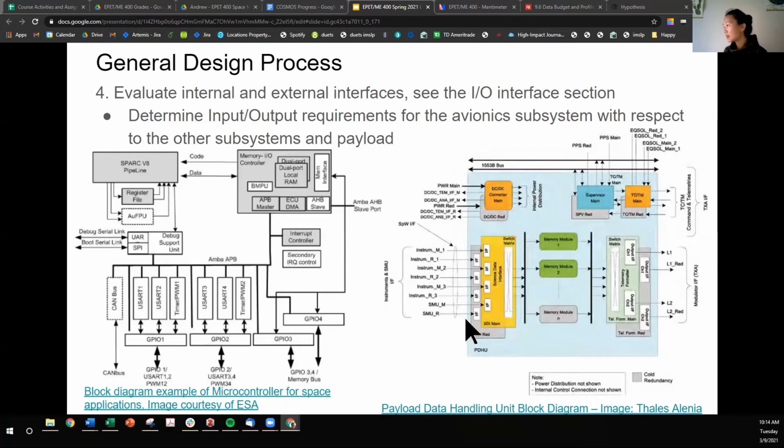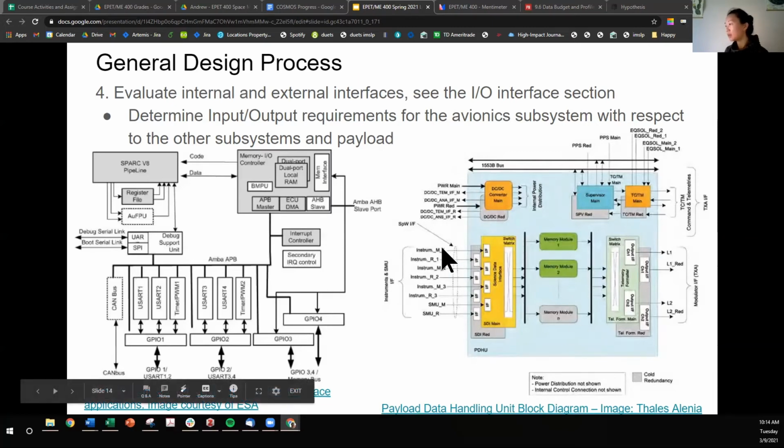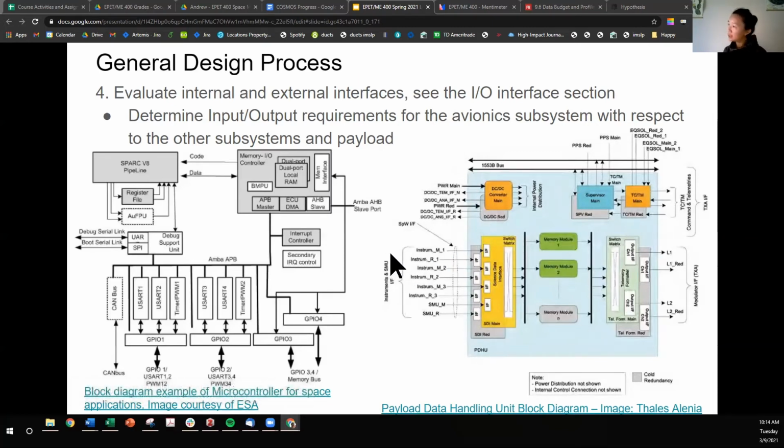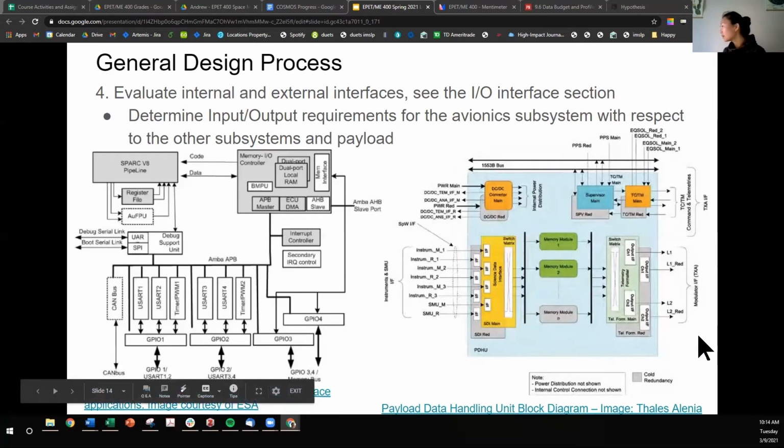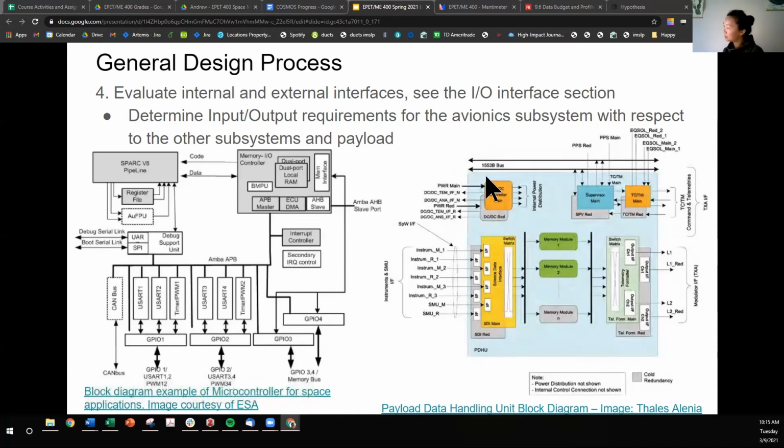You'll also see that this payload data handling board is communicating to a bunch of instruments across these different lines. It's also communicating with comms and power. So yeah, the CDH avionics lead would help in the design of things like this with equal contribution from the payload lead.